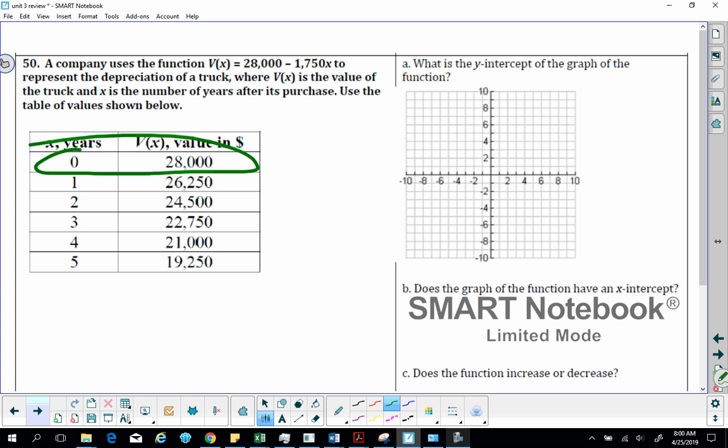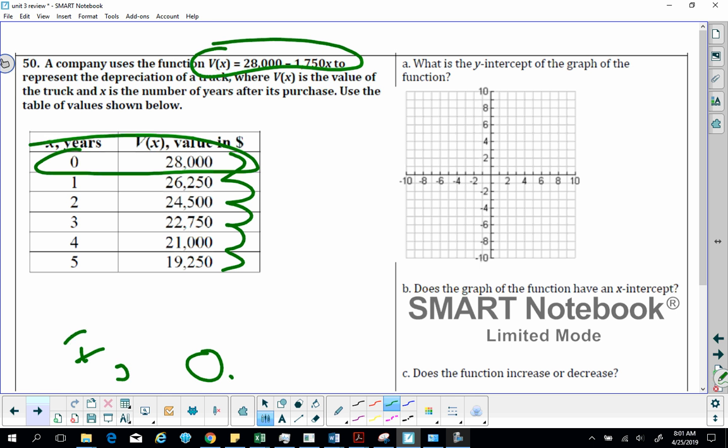Does the graph have an x-intercept? How do I know when I'm looking at my table where my x-intercept is? If my y-intercept is when x is 0, the x-intercept is when y is 0. So you can either keep subtracting until I get 0 right here, or you can type this into table and keep going down until your y is 0. I want you to find what your x value is when you type it into table.